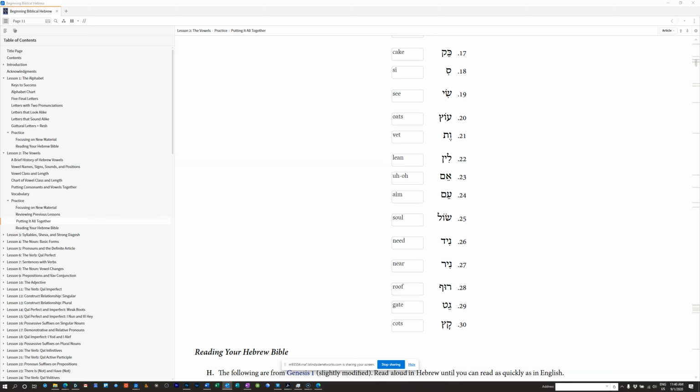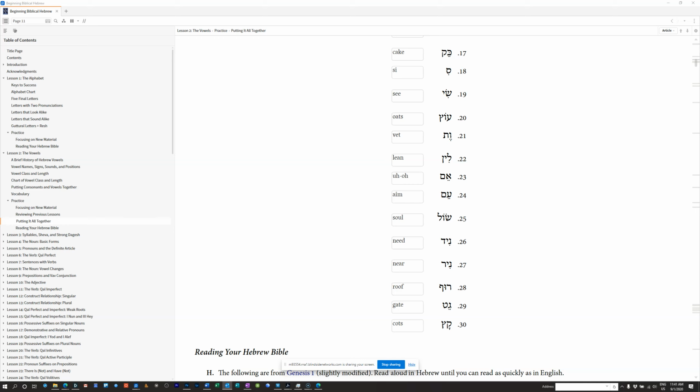Generally speaking, when you see a final form, and it happens to be a Begad Kafat letter, it's going to be the dagesh-less pronunciation, that softer pronunciation.